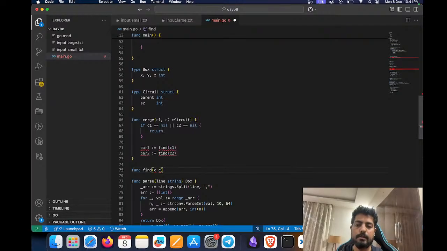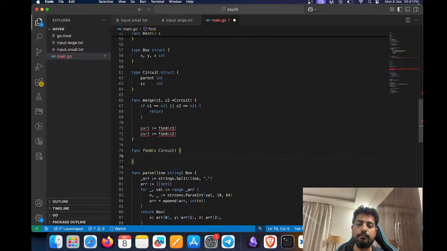Actually, let's just take a circuit, not a pointer, and also the index where we are at.